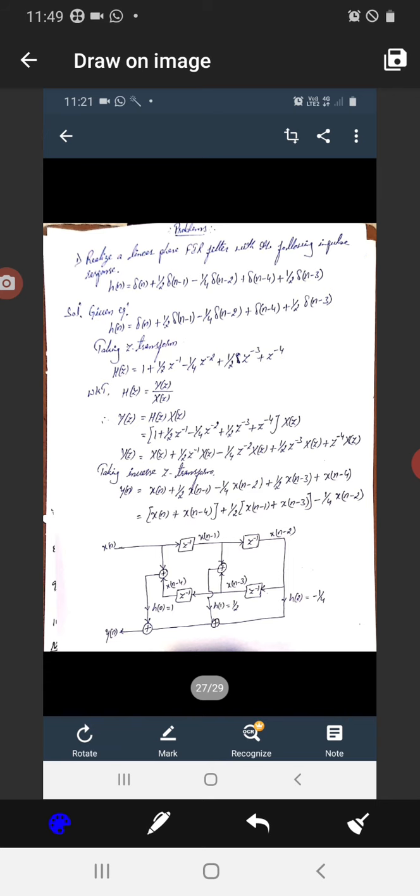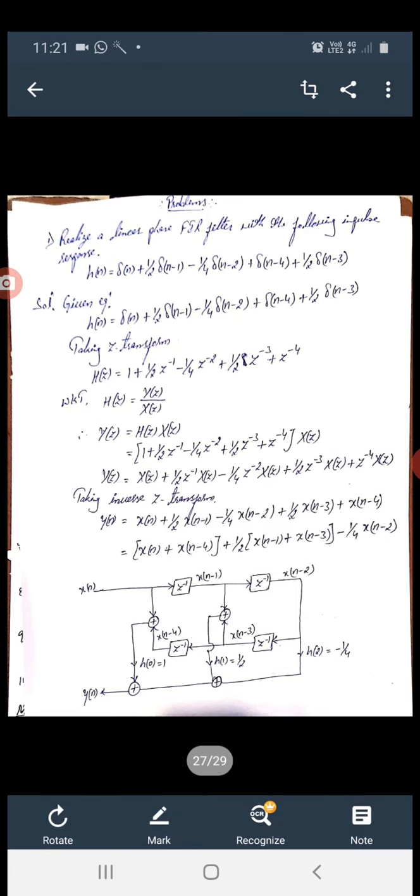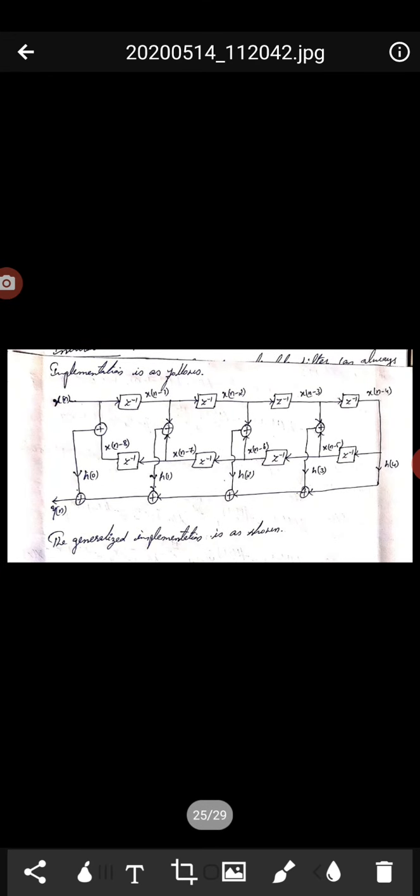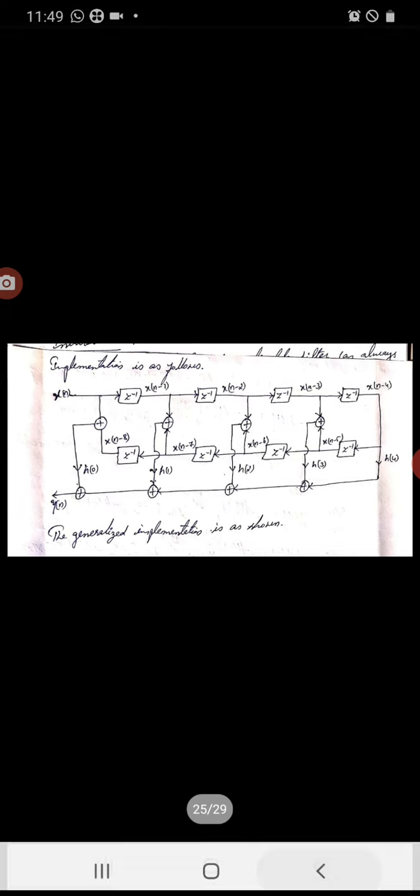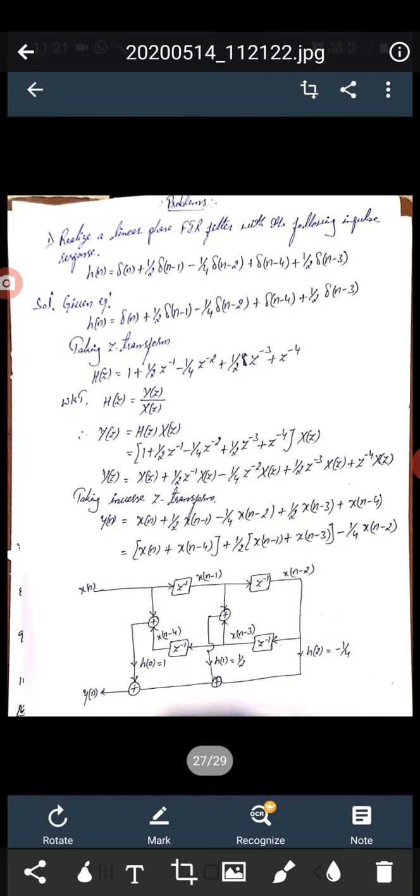After taking this, remember the linear phase diagram. Here x of n, the input, is going to x of n minus 1, here x of n minus 2. What are the parameters we have? We have x of 1, 2, 3, 4 and 5. Remember this diagram, and again we go with our problem.